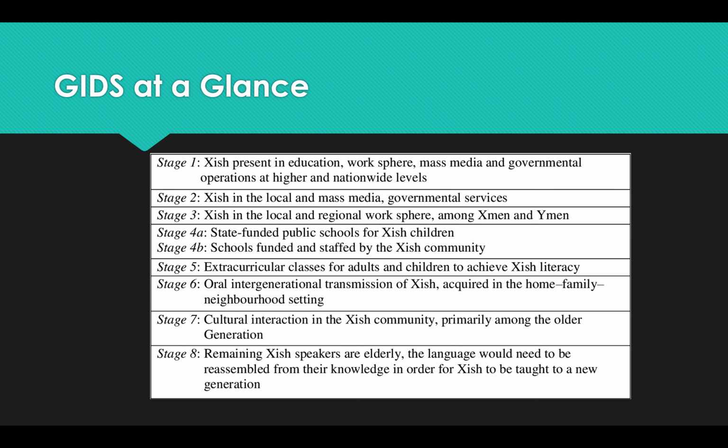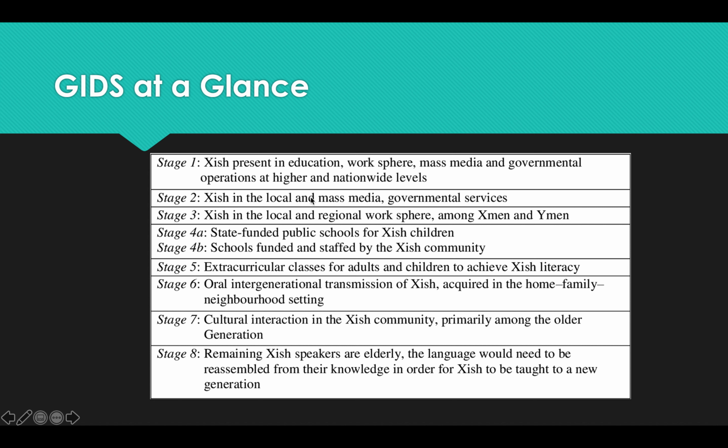Okay, so here are the stages at a glance, 1 through 8. There's a stage A and stage B. So you've got state-funded public schools, or schools funded by just the community. And this is kind of the breakdown of the different stages. So at stage 1, X is present in education, work, mass media, and government at a national level.